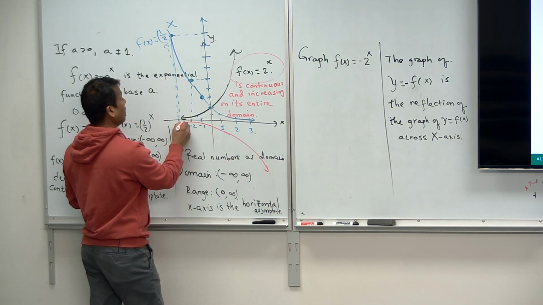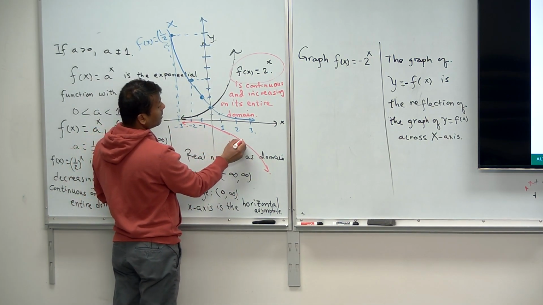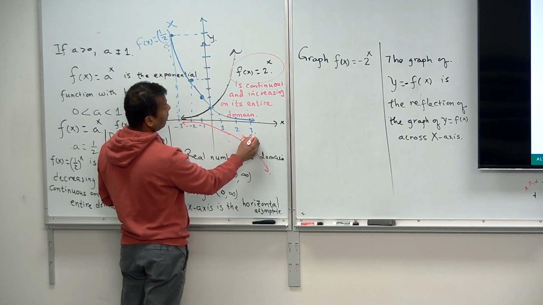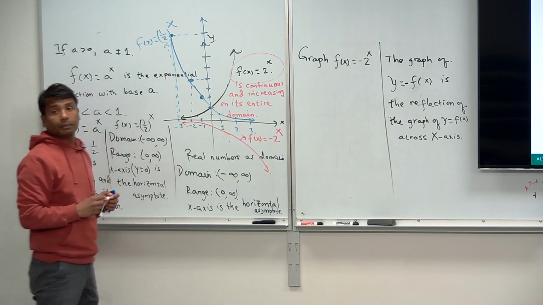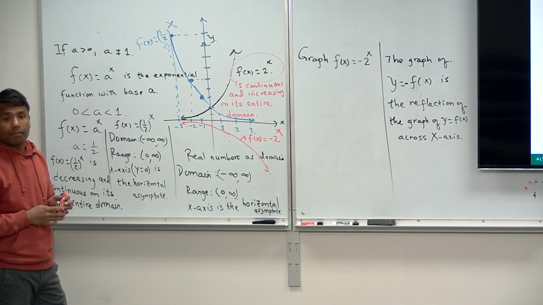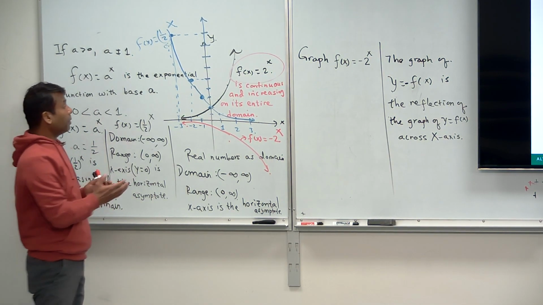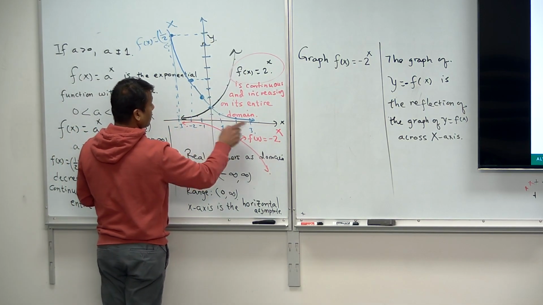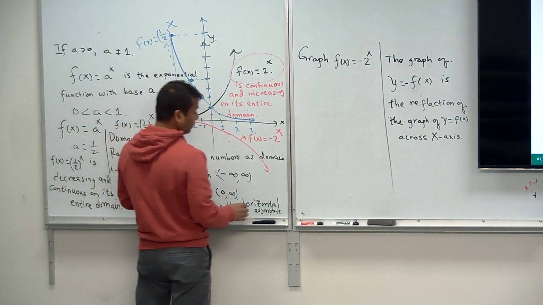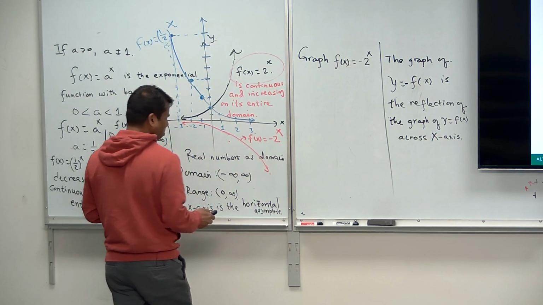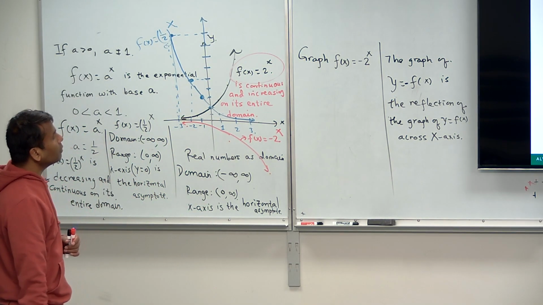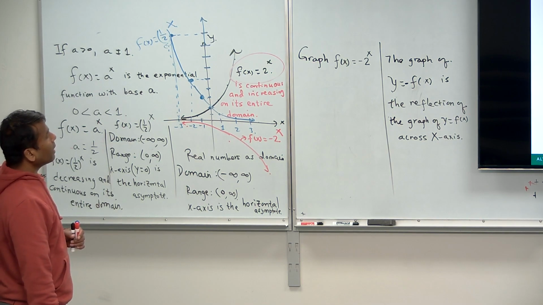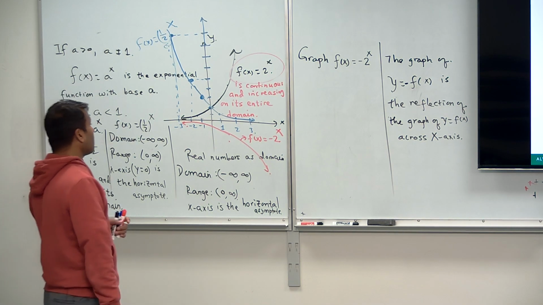So the red one is the graph of the function f(x) equal to negative 2 to the power x. See that? If you reflect the black one across x-axis, you have this. Okay. So I think you can do this thing now.